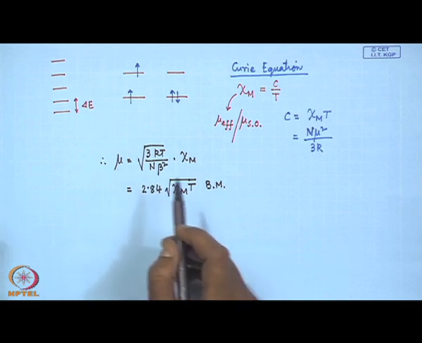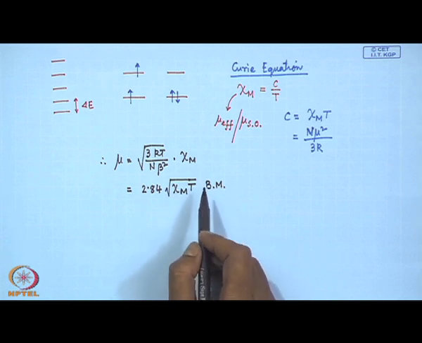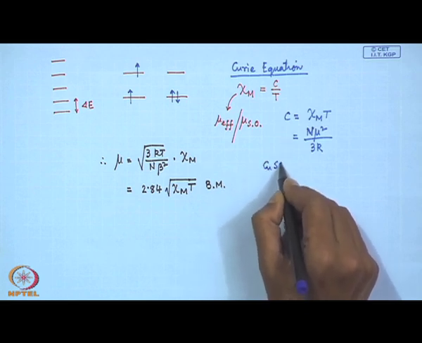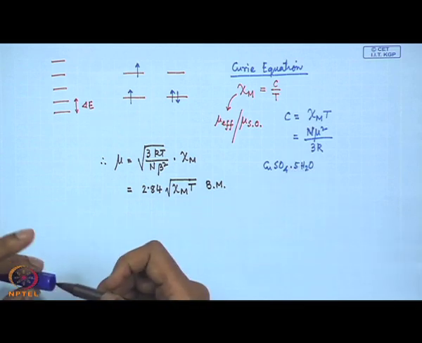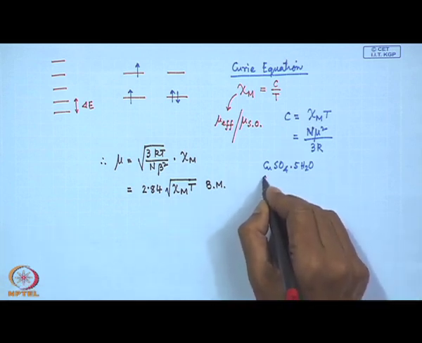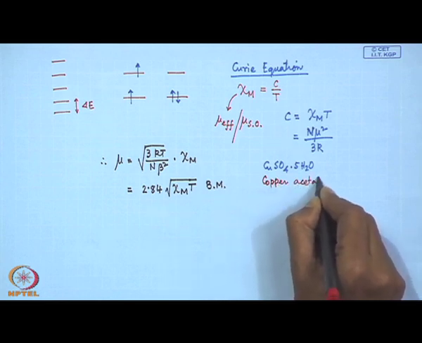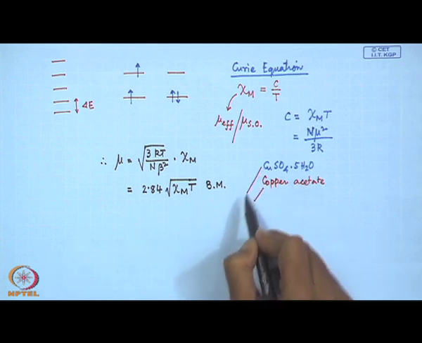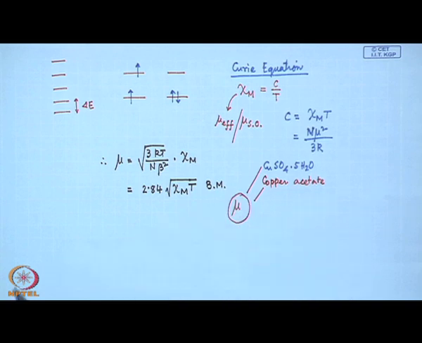So, our problem for determining this magnetic moment is whether for a particular system like a copper compound, any simple copper salt, say copper sulfate pentahydrate, and the one we just have seen, which is copper acetate, if we can have these two compounds in our hand, we want to measure the corresponding mu values for them.